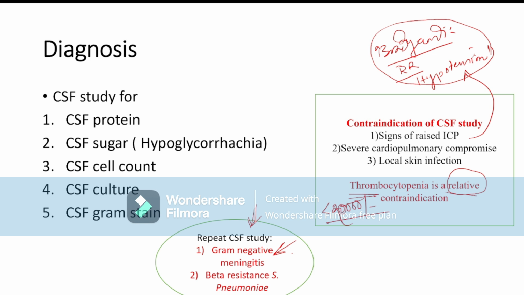If the CSF is not sterile, that means the antibiotic is not working. The second indication is if the child is suffering from beta-lactam resistant Streptococcus pneumoniae. In that case, we have to do a repeat CSF study.